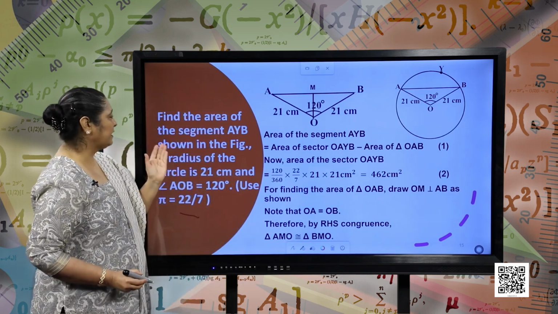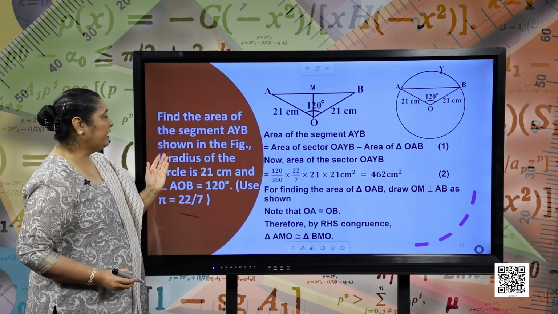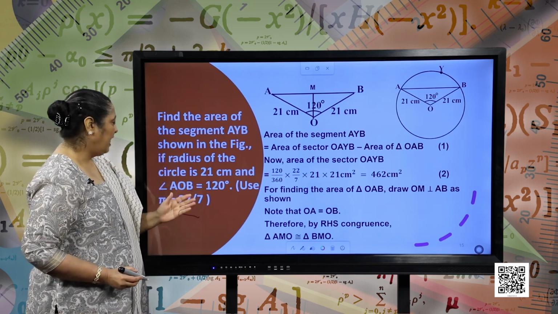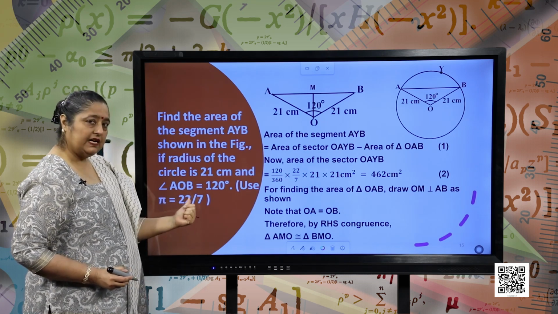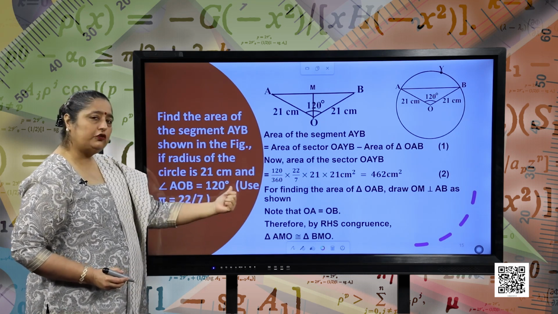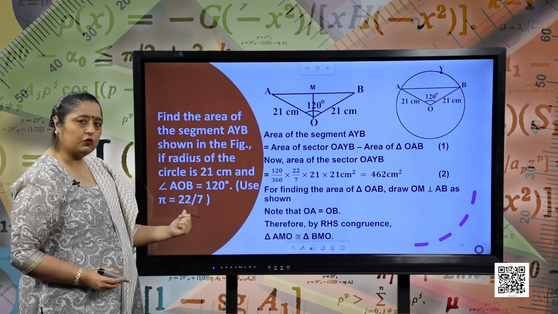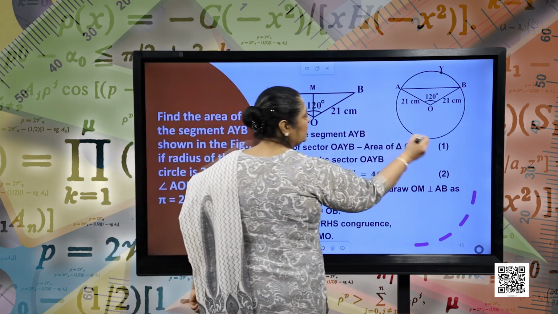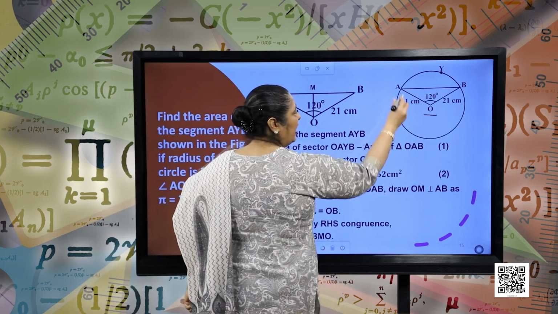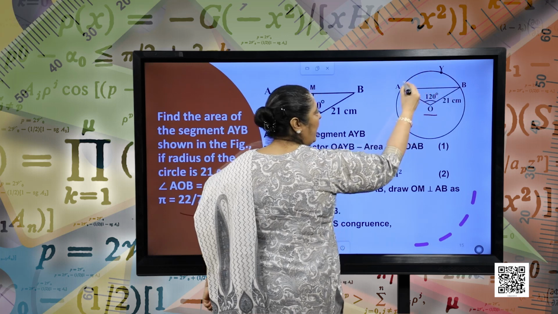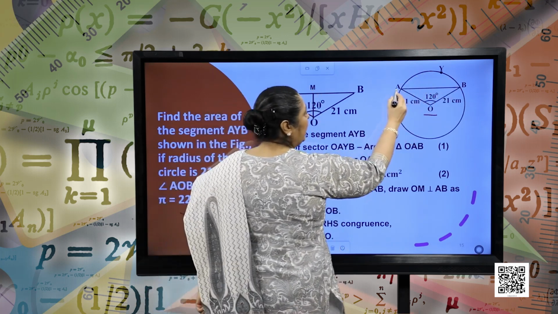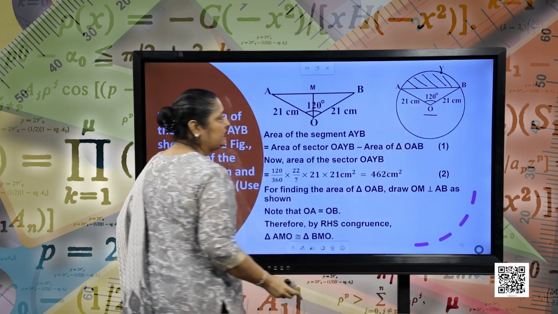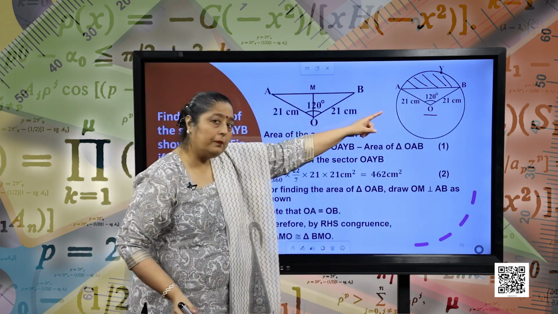Find the area of the segment AYB shown in the figure if the radius of the circle is 21 centimeter and angle AOB is 120 degree. We need to use pi as 22 by 7. So, this is the figure. We have a circle with center O, AOBY is the sector, AYB is the segment, and the triangle is AOB.